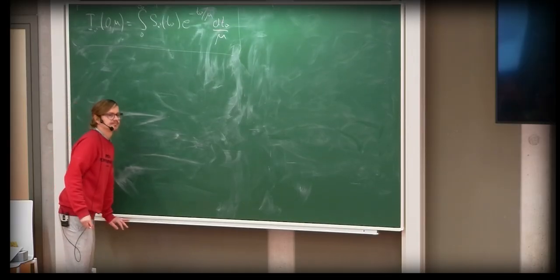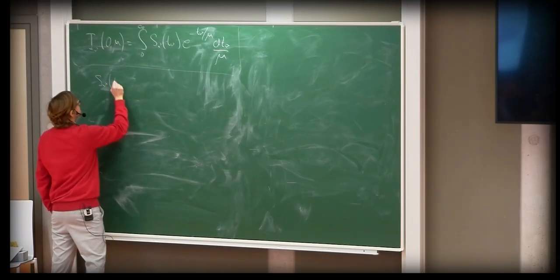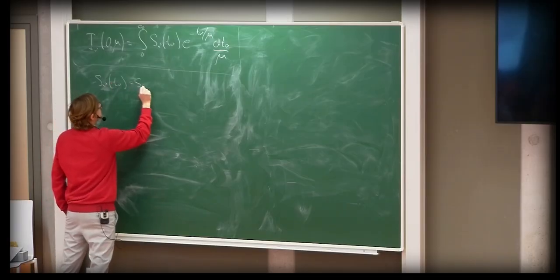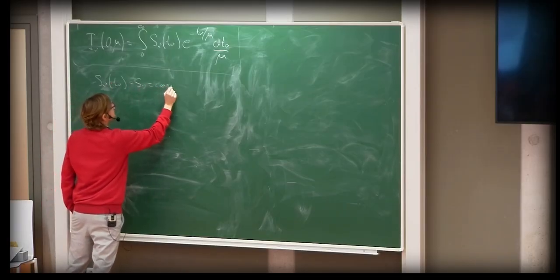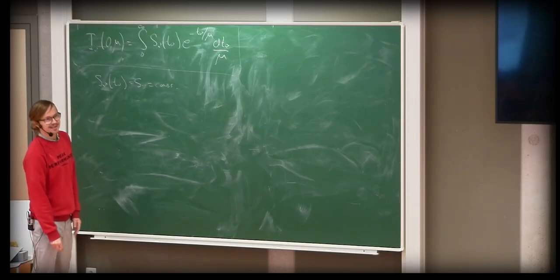First, like we had before, let's assume now that S nu of T nu is actually just S nu, a constant. Okay? Well, then this is not such a difficult integral, hopefully.